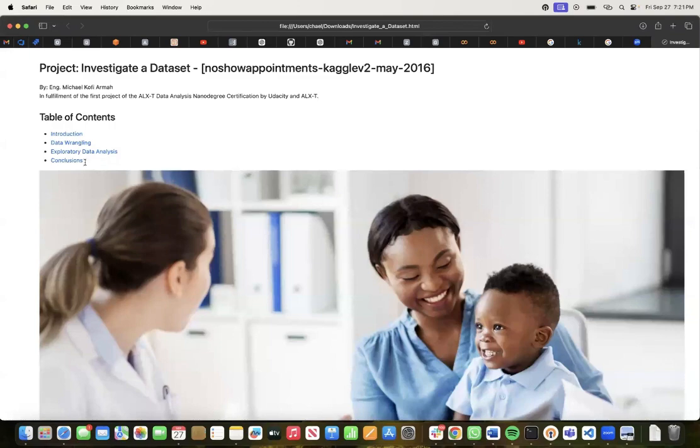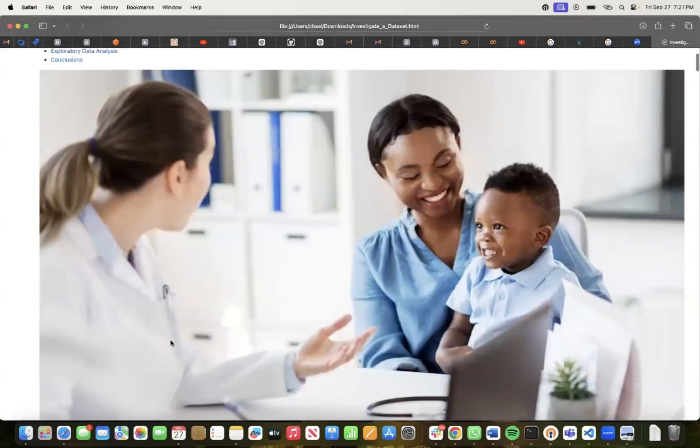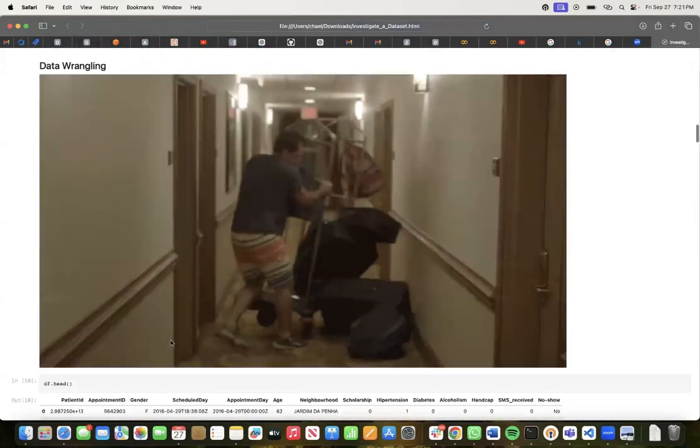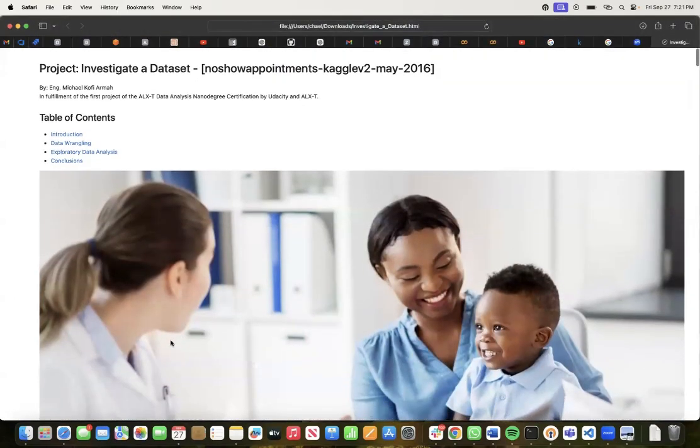We will not get to the ML part of it, but it's basically a Jupyter notebook, in this case converted to an HTML. What is in here is the approach I took to answer certain questions. And this particular project was about investigating a data set to understand why certain appointments are missed by patients in a hospital.